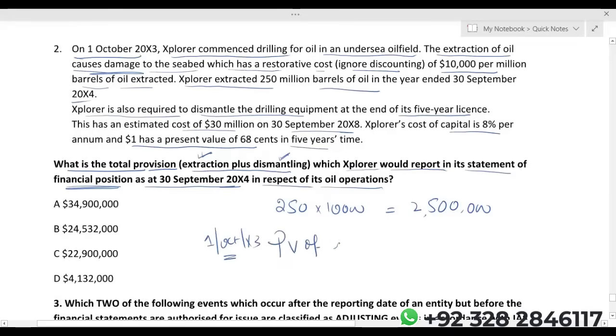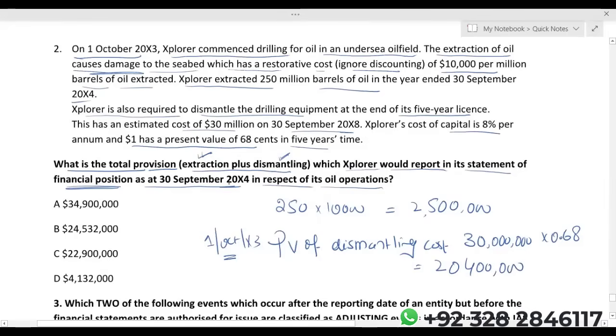Present value of dismantling cost: we'll take 30 million into 0.68. Then that gives us 20.4 million.